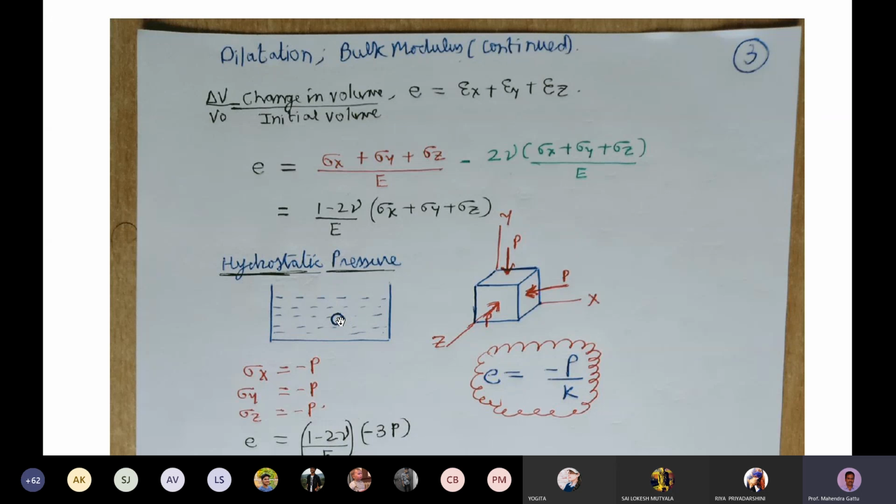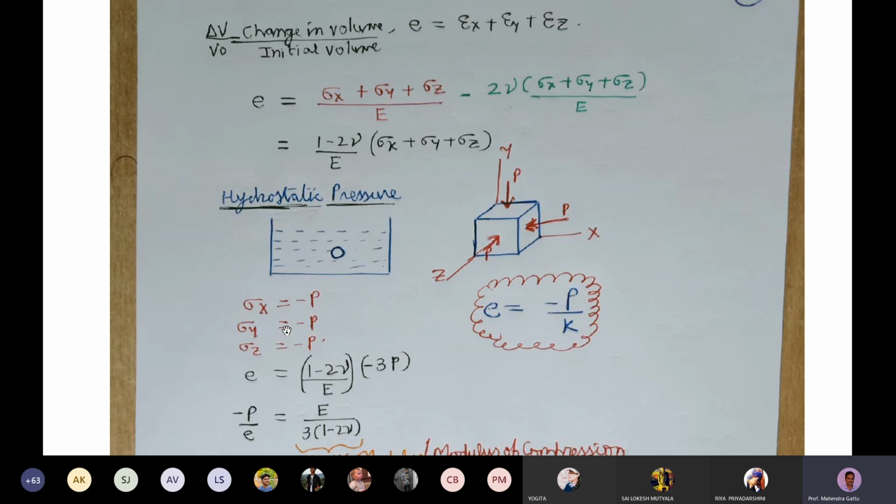So we take a small point, a rectangular stress element within this water body, shown here in magnified form, and the hydrostatic pressure will be acting equally along all three axes. It will be p, and p, and p. It is shown acting towards the face, so that means it's a compressive stress.